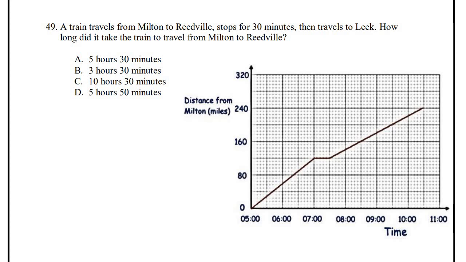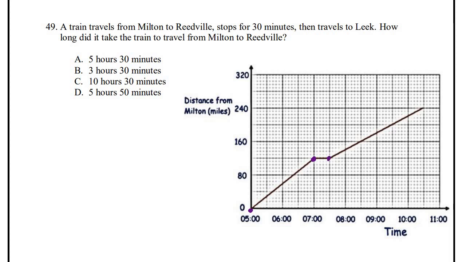Let's see question number 49. A train travels from Milton to Red Valley, stops for 30 minutes, then travels to Leek. How long did it take the train from Milton to Red Valley? So let's say the train starts from here and reaches Red Valley here.